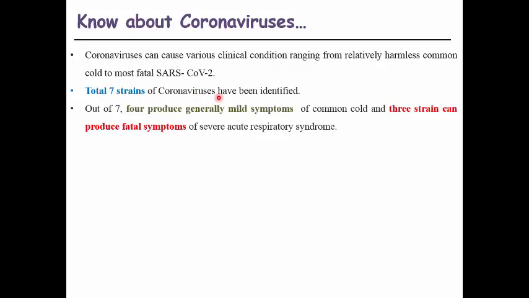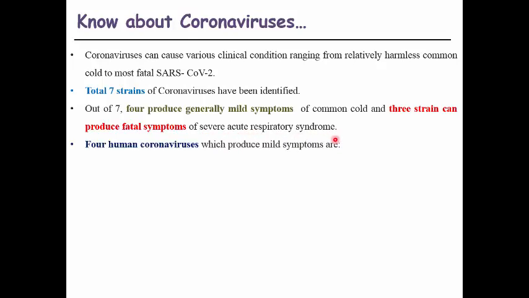Out of these 7, 4 are likely to produce very mild symptoms, like the common cold that we face in routine days, and 3 strains are producing fatal symptoms, mostly related to the respiratory system. It affects the respiratory system, so it is known as severe acute respiratory syndrome.